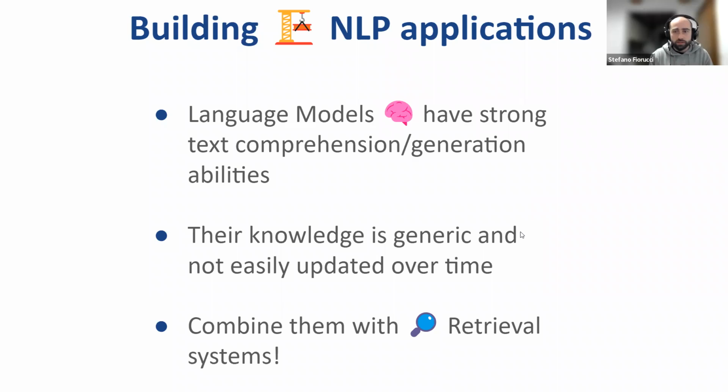Their knowledge is not domain specific. So if you want to start, we can think of combining them with retrieval systems. The retrieval system provides the knowledge while the language model provides the reasoning. And so it can be, I think, a good point to start with a new language application.